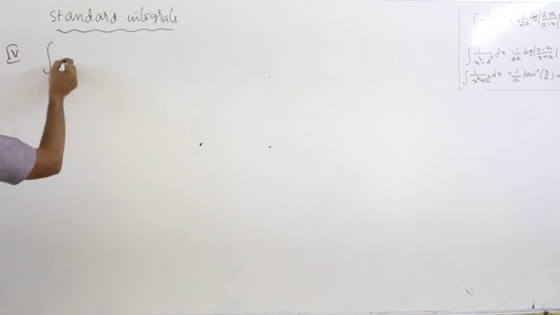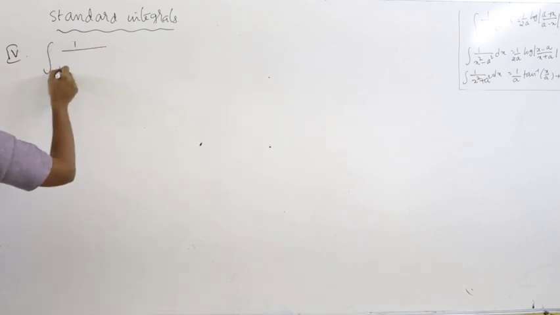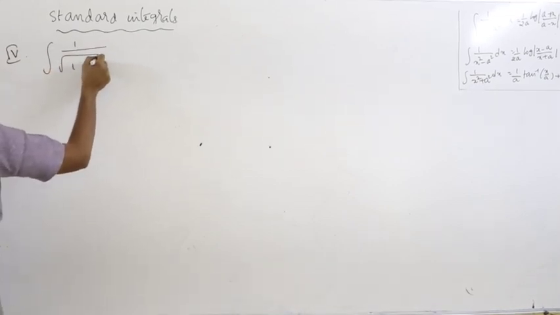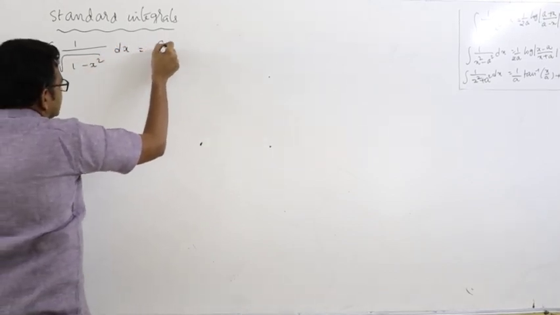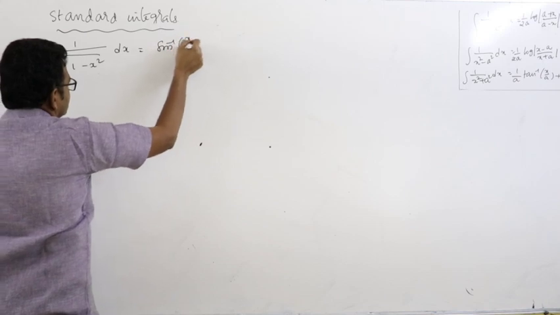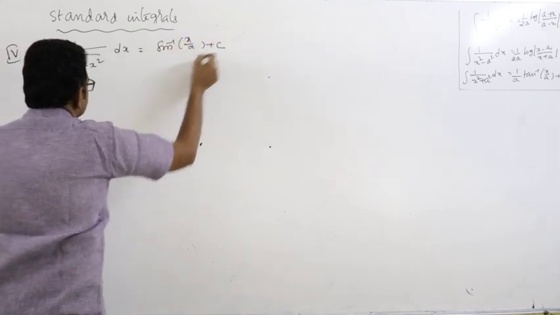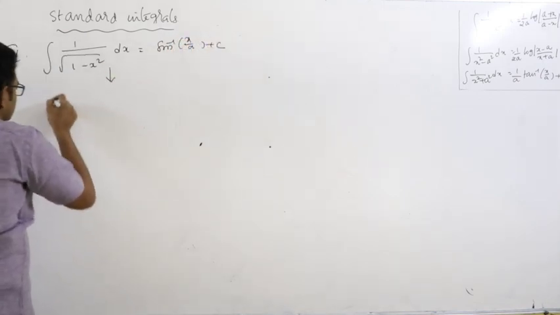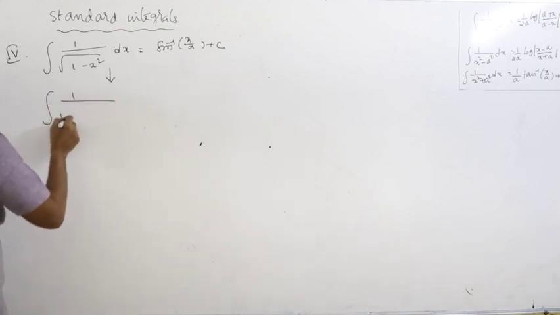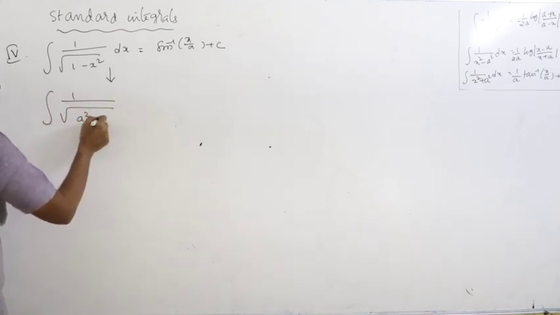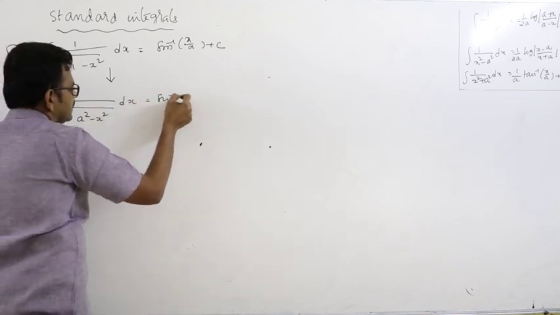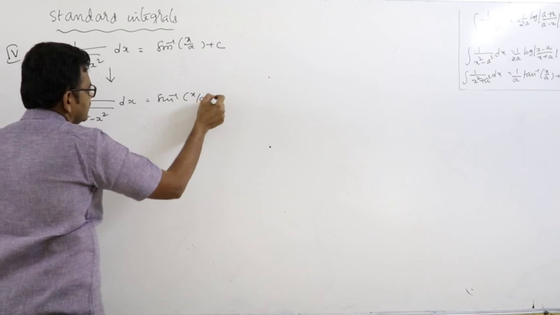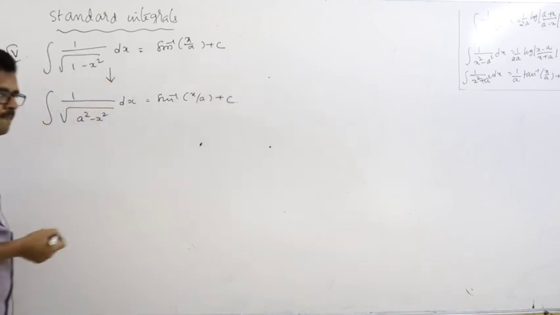Fourth one, integral 1 by root of 1 minus x square dx. You know this, sine inverse of x by a plus c. Next, integral 1 by root of a square minus x square dx is equal to sine inverse of x by a plus c.